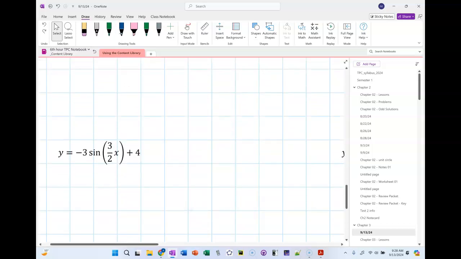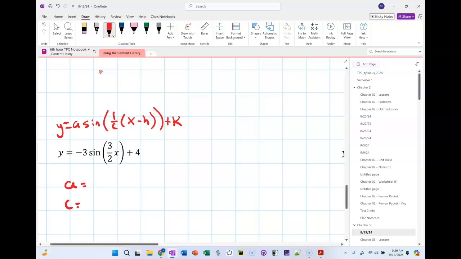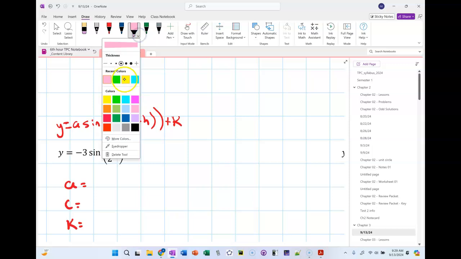All right. So let's do a couple of examples. I'll write the general equation above it so it's easy to see. The first thing we're going to do is write down the values for A, C, and K. And then we'll plug them into the formulas after that.